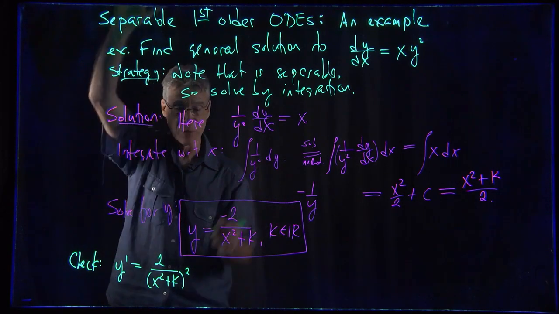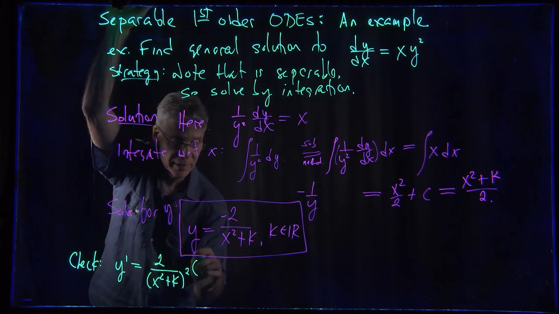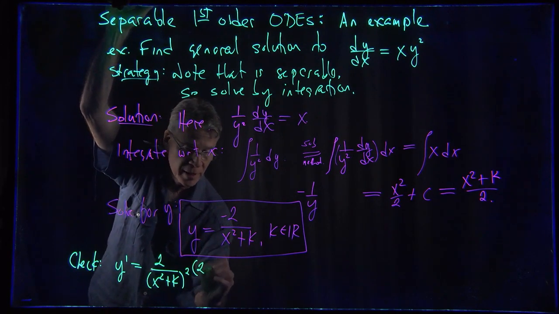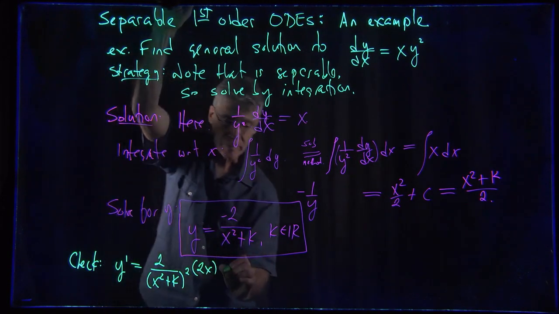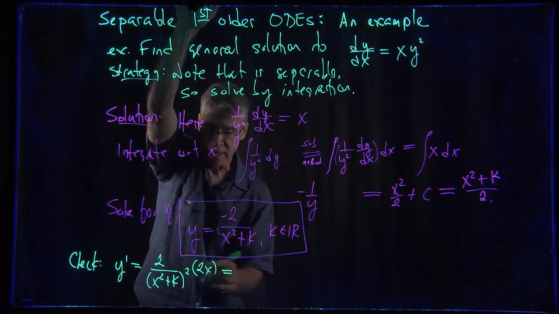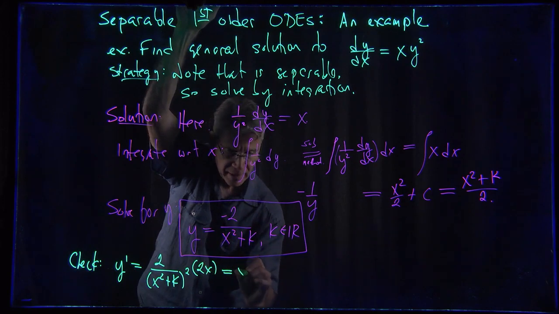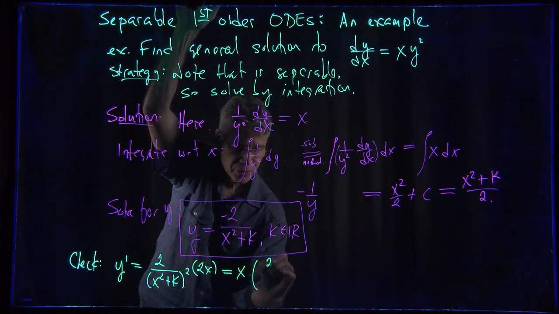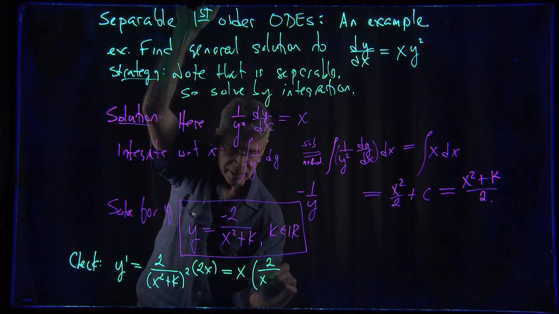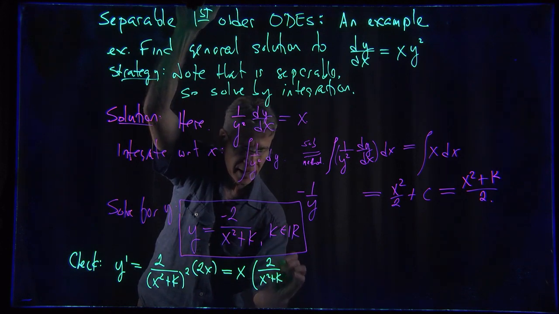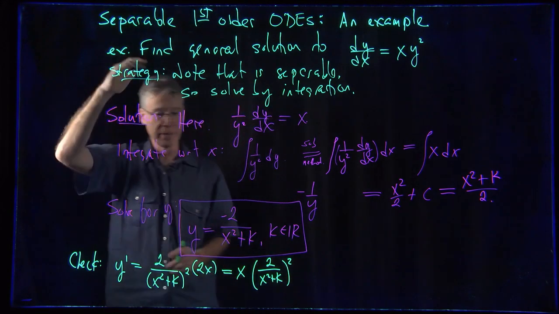Times the derivative of the inside, because remember this is x squared plus k to the minus first power. So the chain rule would make an extra piece to this, which would be another 2x. By combining some things, I could write this as x times 2 over x squared plus k, the whole quantity squared.